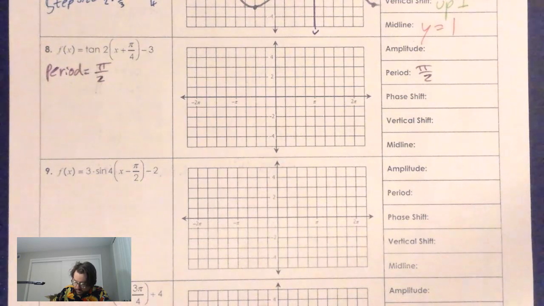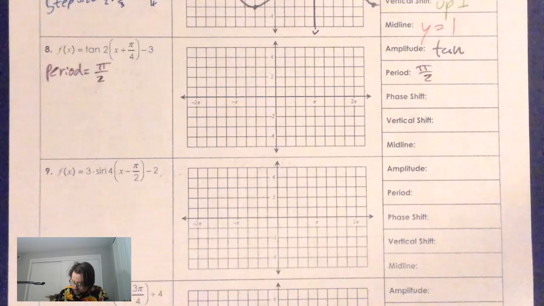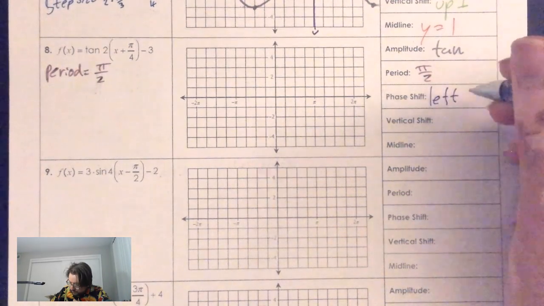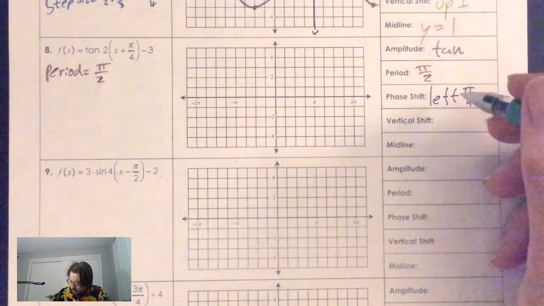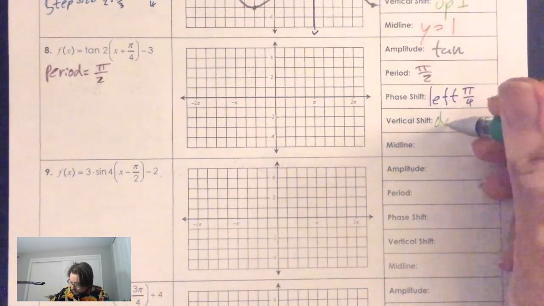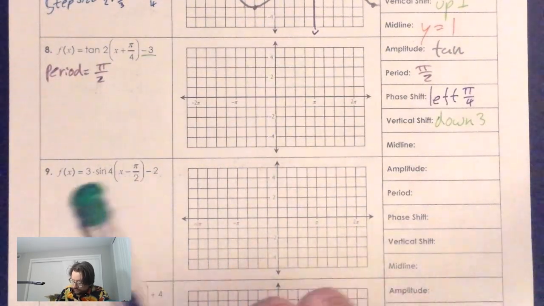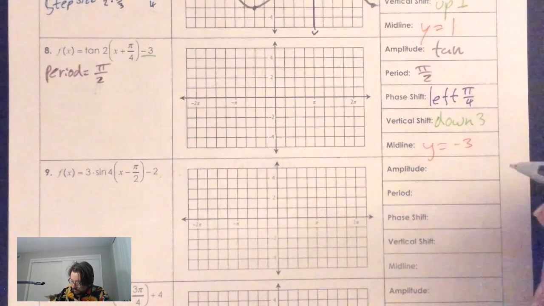There is no amplitude because it's a tangent function. And then it's going to have a phase shift to the right, or to the left, by pi over 4. A vertical shift up, or down 3, down 3. And a midline at y equals negative 3.